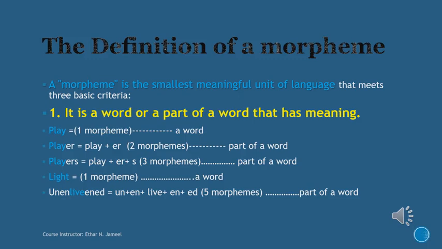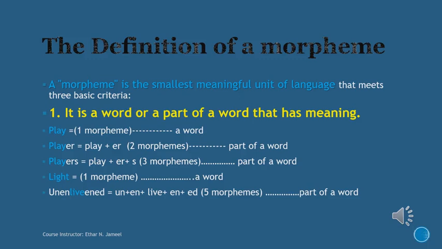This is the difference. The morpheme has a meaning, but the phoneme doesn't have a meaning. Both of them are the smallest units of language, but the morpheme is the smallest meaningful unit of a language.